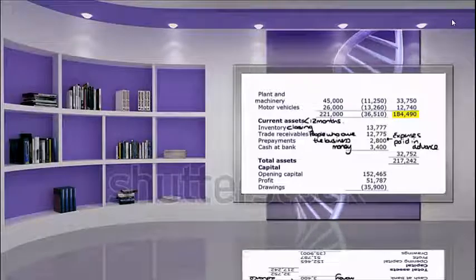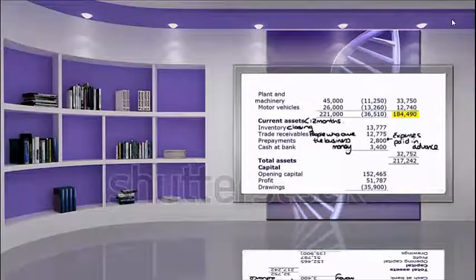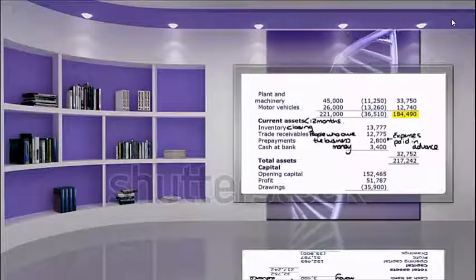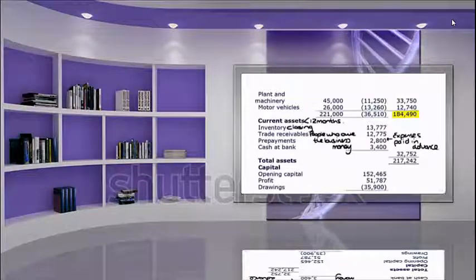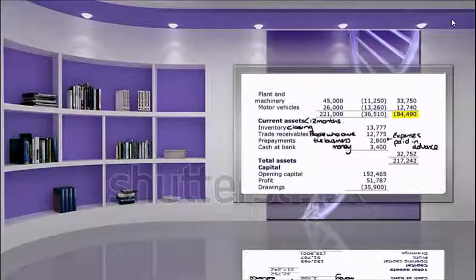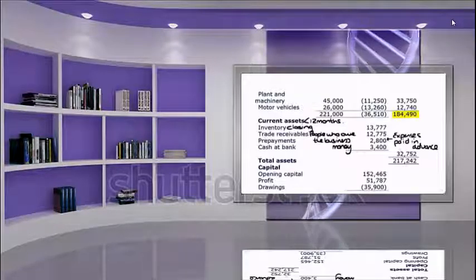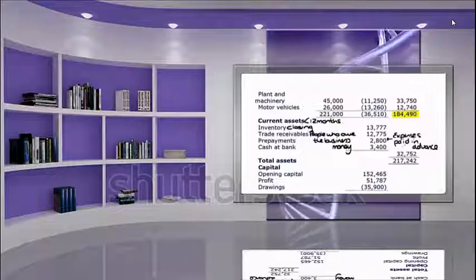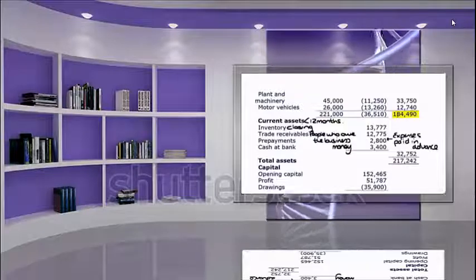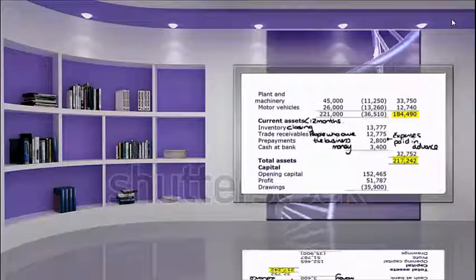So what we do is we pop them in the subtotal column. So you can see now that these three columns we are now essentially shrinking to two. So subtotal and then a total column. So we subtotal down, bring the total across into the end column, and we're going to add the total of our current assets to the total carrying value of our non-current assets, and that is going to give us total assets.